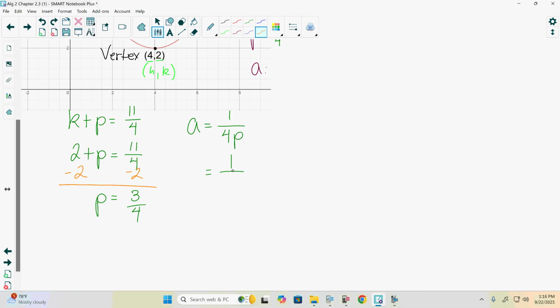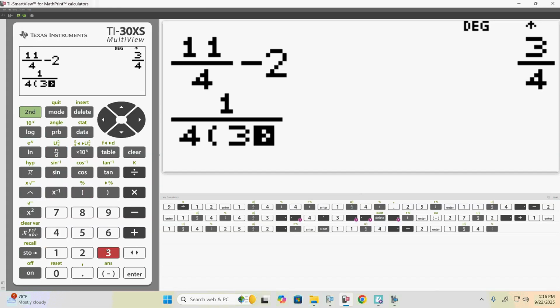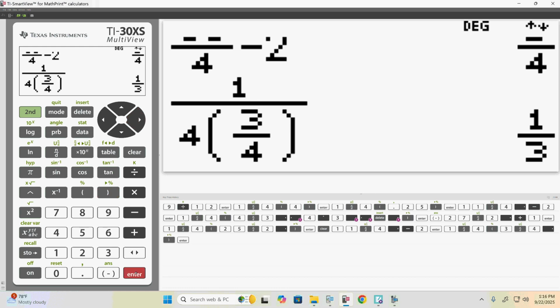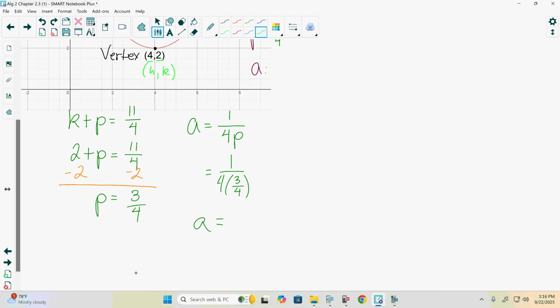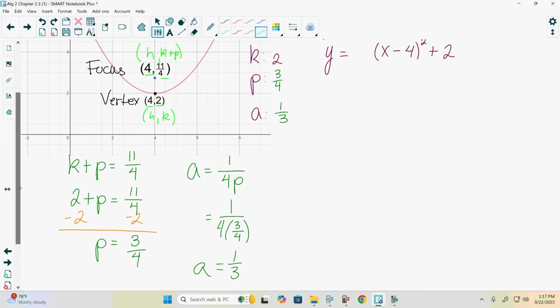A is equal to 1/4P. That'd be 1/4 times 3/4, which will tell us A is 1/3.